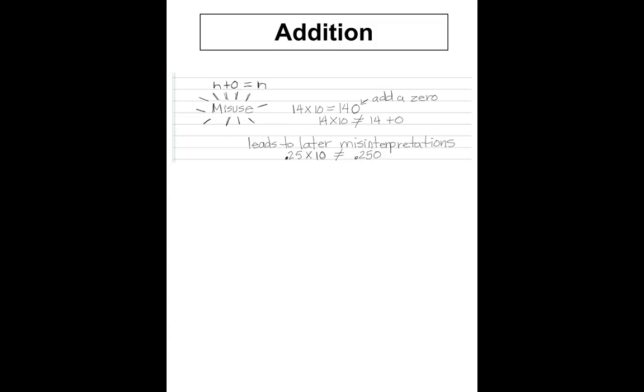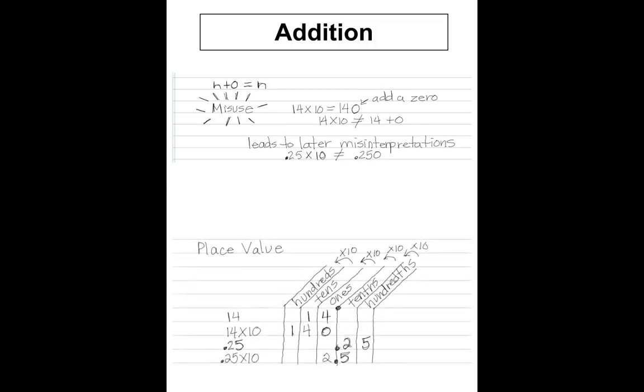For example, when they start multiplying decimal numbers and they have 25 1/100ths multiplied by 10, that does not equal 250 1,000ths. You can't just put a 0 or attach a 0 because those things are not the same. As a matter of fact, it is always better to stick with the place value interpretation of what's happening when they multiply by 10.